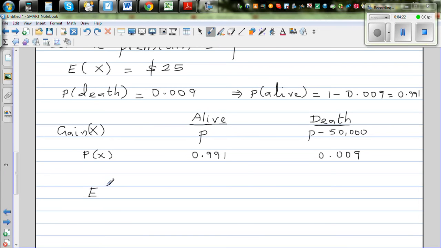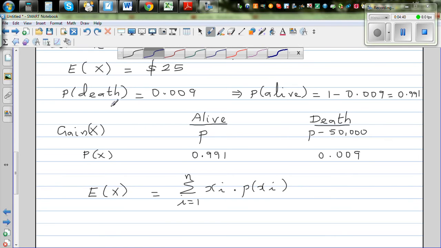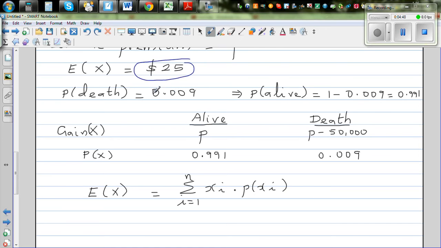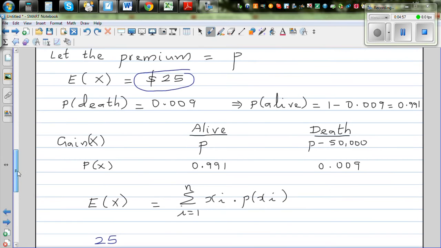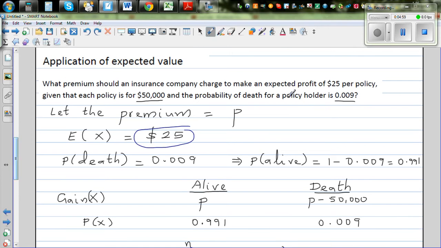Let's write the formula. The expected value of a random variable X is the sum, from i equals 1 to n, of xi times the probability of xi. What does this mean? The expected value of this situation is 25. They want an expected gain of $25, expected profit or gain.